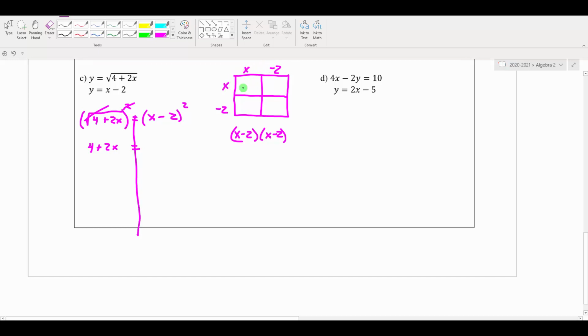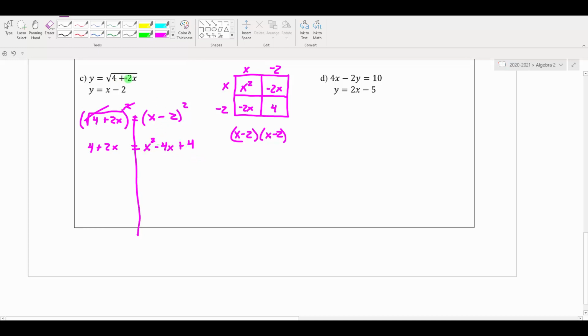So let's see what we get. We got x times x, which is x squared. We get -2x here, -2x here, and a positive 4 here. If I add those four boxes together, I get x squared minus 4x plus 4. So that would be x minus 2 squared.